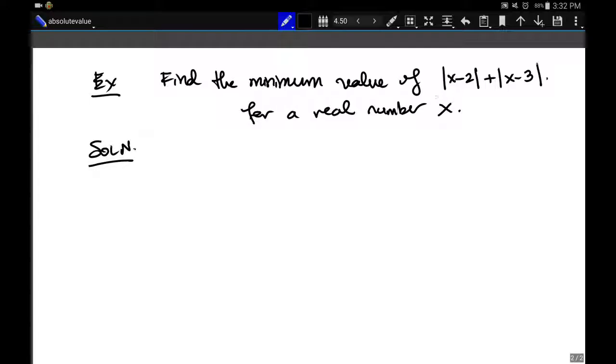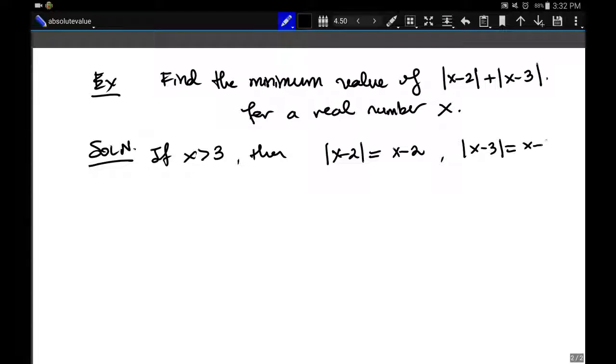So clearly there are two points in here, 2 and 3. For example, when x is strictly bigger than 3, then x minus 2 is positive, and x minus 3 is also positive. Both of them are positive.